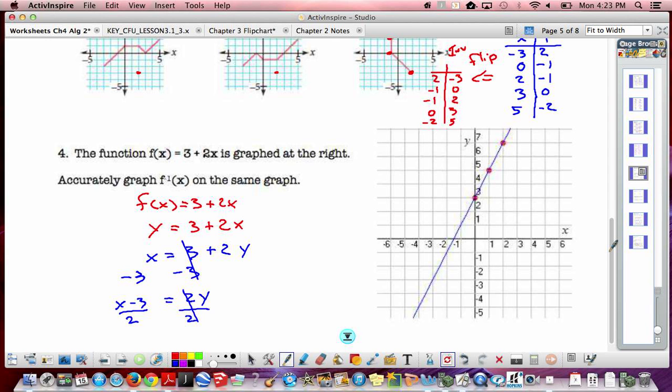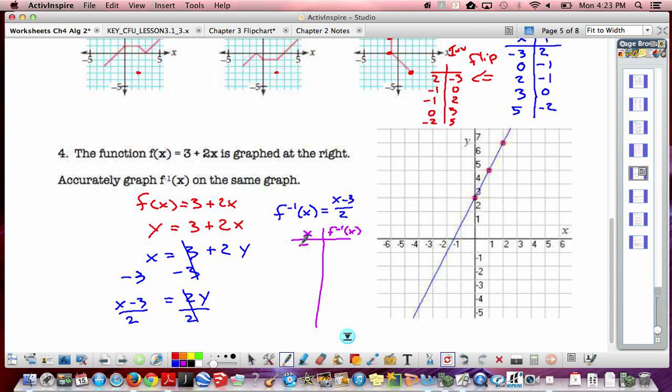So now I want to accurately graph this function. So the inverse of f of x is equal to x minus 3 all over 2. So I just need some points to graph this equation. So let's just pick some values for x, and then we'll have the f inverse of x. So let's let x be some odd numbers since we're subtracting 3.